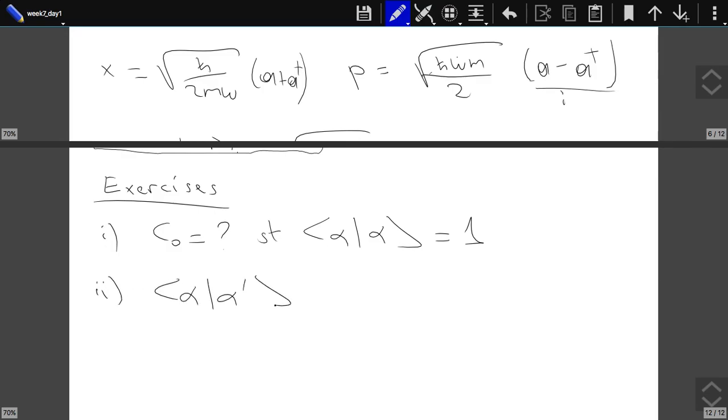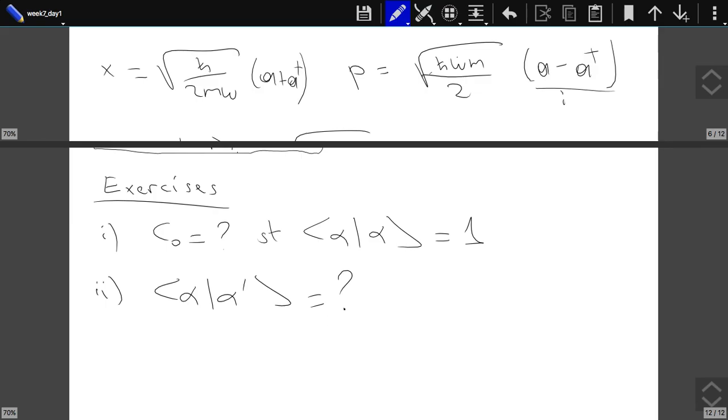What if I take 2 different eigenvalues of alpha and take their inner product? It's not 0. They are not orthogonal to each other. They don't have to be. You see, they are eigenkets of a non-Hermitian operator.